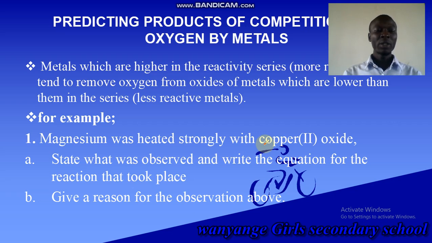Okay, so you have a question like magnesium was heated strongly with copper 2 oxide. State what was observed and write the equation for the reaction that took place. Then give a reason for your observation above.